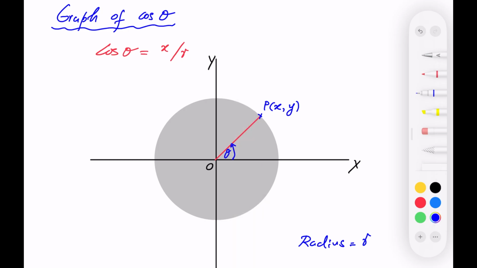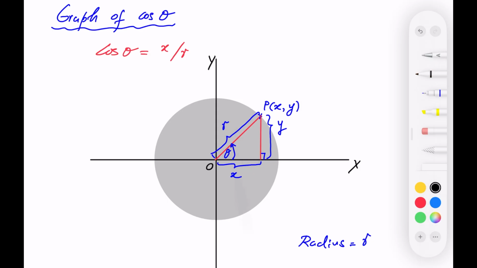Now, if I draw a perpendicular line from point P onto the x-axis, I will have a nice right triangle. This angle is going to be 90 degrees. We know that the length right here should be equal to x, and this length right here should be equal to y, and the hypotenuse should be of length r.